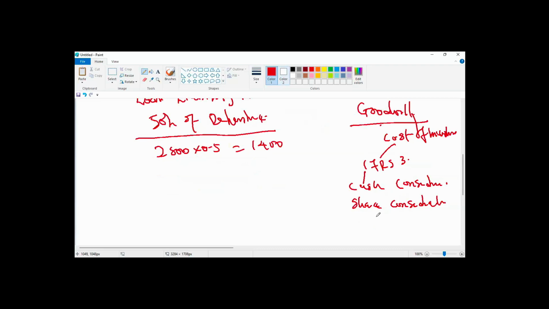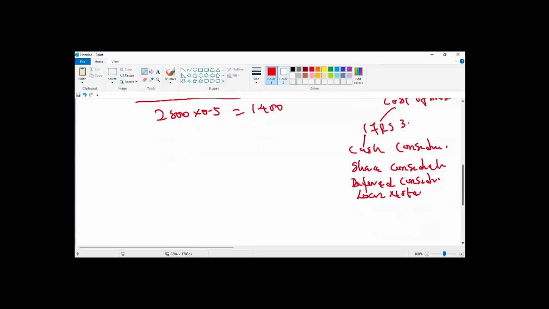They say this is interesting, let me also acquire the debenture. You can use deferred consideration, loan notes, then the last one is contingent consideration. These are the costs of investments we can make to acquire.